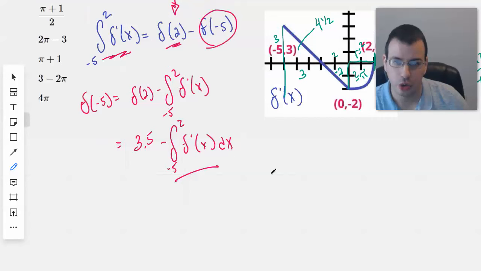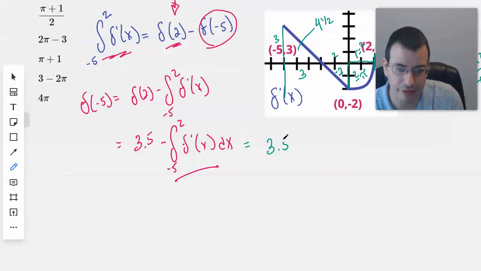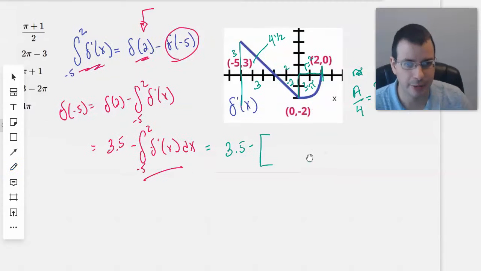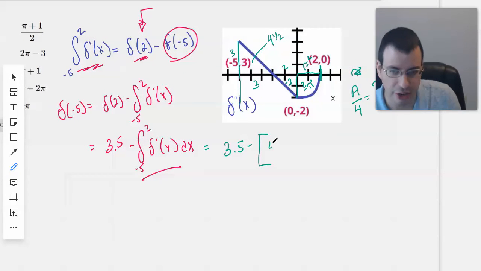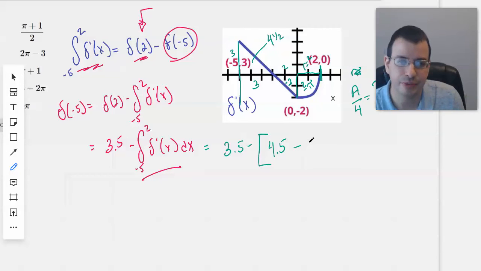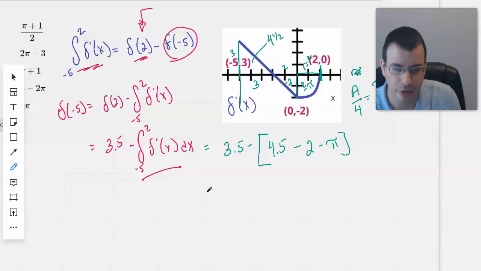When we put this all together, we will have 3.5 minus, and I'll use a quantity here so I keep the signs correct, 4.5 minus 2 minus pi, which equals 3.5 minus, so this will be 2.5 minus pi.